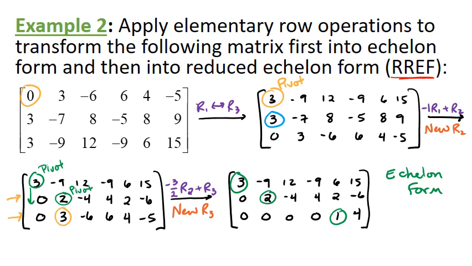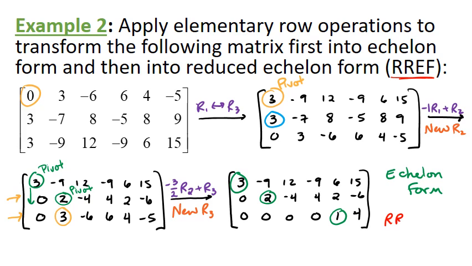This is known as the forward phase. Okay, but now we need to move on to the backwards phase, which is to get to reduced row echelon form. Now remember, reduced row echelon form is I need the pivot to be 1.